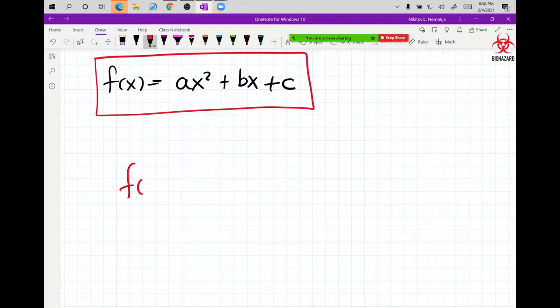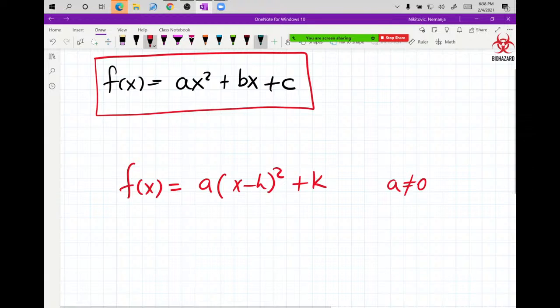So f of x equals a times (x minus h) squared plus k, where a is not allowed to be 0. That should be common sense, because if a equals 0, you kill the square term, so the quadratic function is dead, right? So you're not allowed to have a be 0, but that's your quadratic function right there.